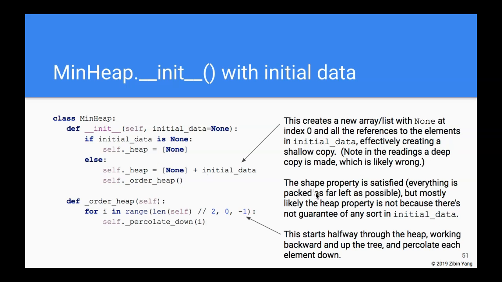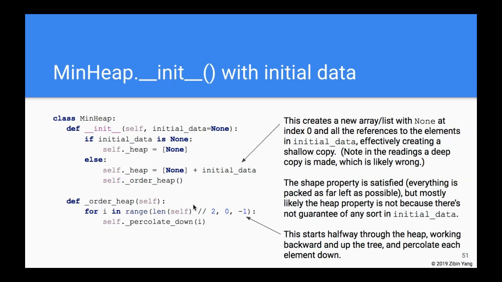So that shape property is satisfied. Now, what about the heap property? Well, the chance is the things in the initial data are all kind of random, so it's highly unlikely that they will satisfy the heap property. So that's what we'll have to fix, and we'll fix it by calling the method order heap.